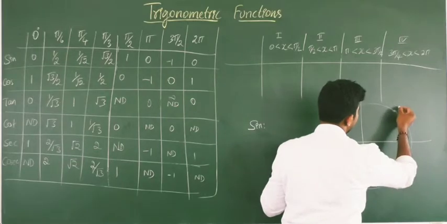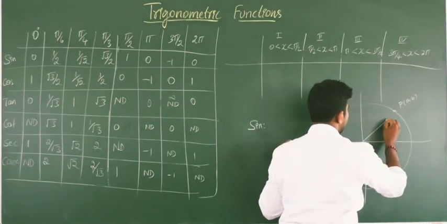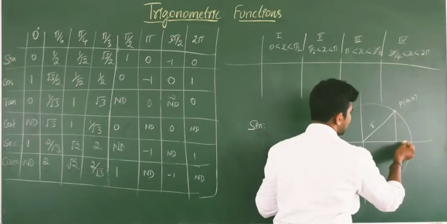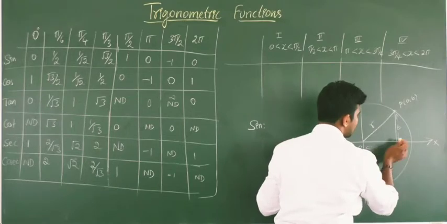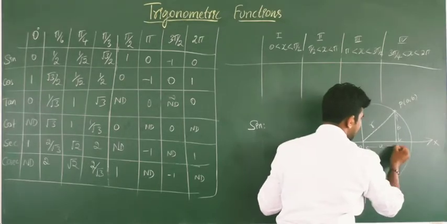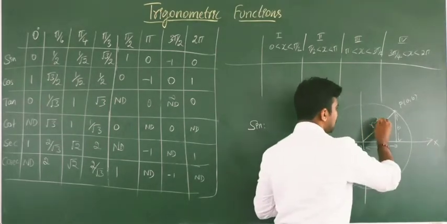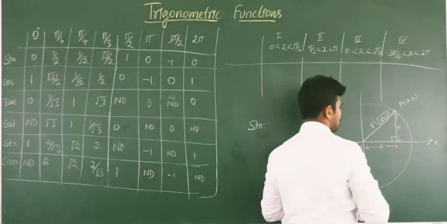If you consider any arbitrary point of the form P(A, B), then the line joining the origin to that point is R. If you draw the perpendicular from that point to the x-axis, this length is B, and the length from the origin to the point of intersection on the x-axis is A. Using the right angle triangle, R is the square root of A square plus B square.